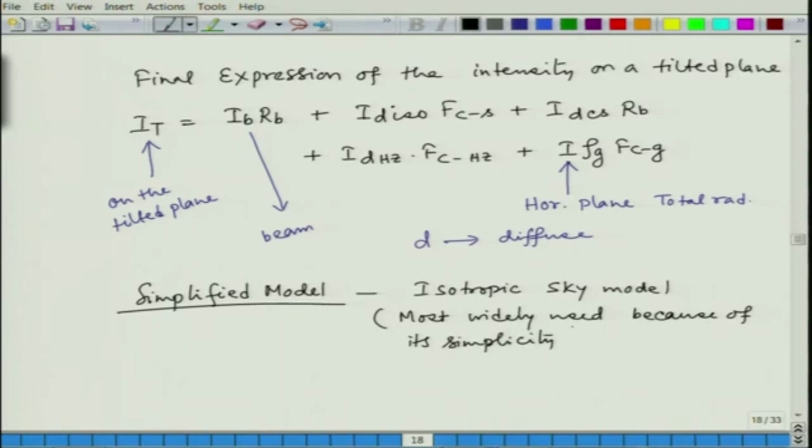And it does not call for any more complication unless we strive for further accuracy. If we get reasonable accuracy for our purpose, then we stick to such a simplified model with isotropic sky.